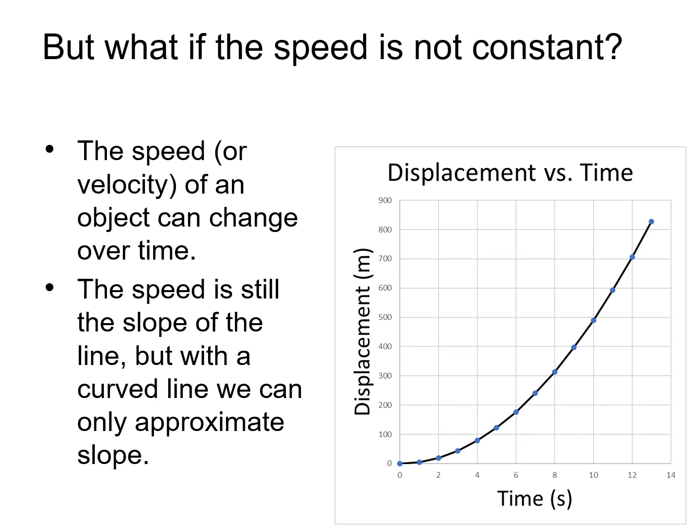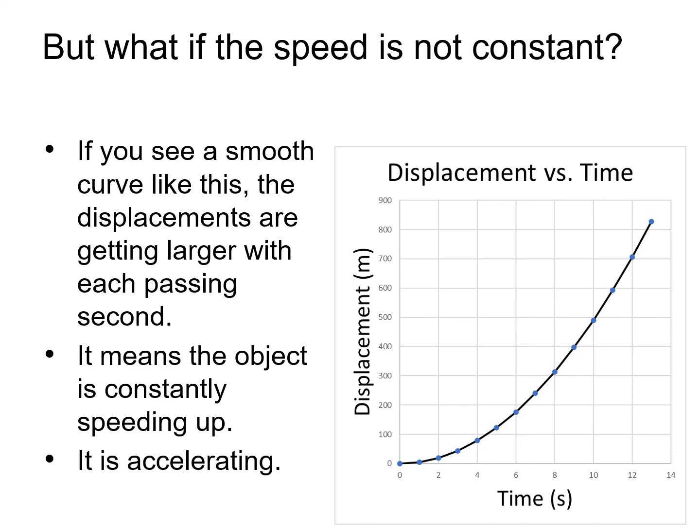For this particular graph, the slope at a given point would in fact represent the instantaneous speed. But we can only approximate those slopes with our calculations unless we decide to use calculus. This particular object, since it is having an increasing distance over time, is accelerating. It is speeding up.